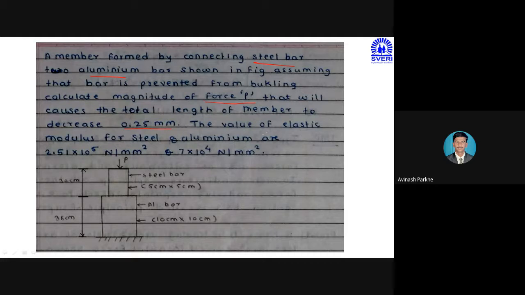The value of elastic modulus, as two different materials are there: for the steel, the elastic modulus is given as 2.51 into 10 raised to 5 Newton per mm square, and for the aluminum, the Young's modulus is given as 7 into 10 raised to 4 Newton per mm square. So it is a simple statement. One steel bar and one aluminum bar are connected to each other, and from that combination, one new bar is developed.